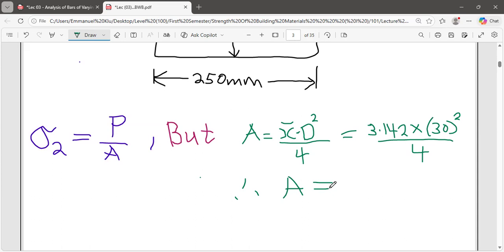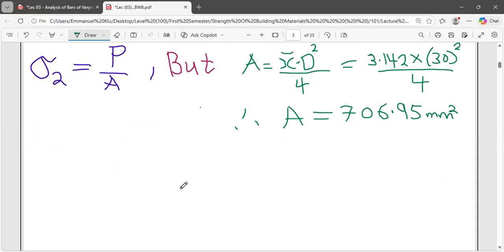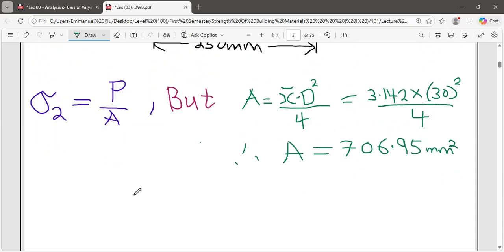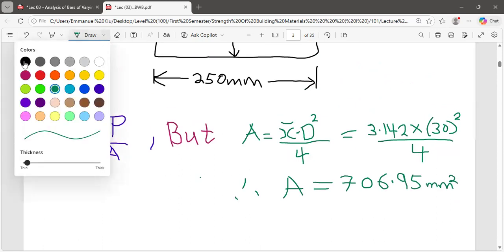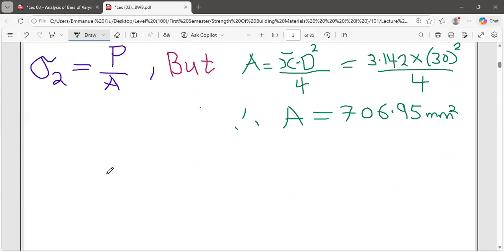And finally, you are going to get 706.95 millimeter squared. Okay, so from here, now since we know the area, we can just wrap up with our question and we are good to go.